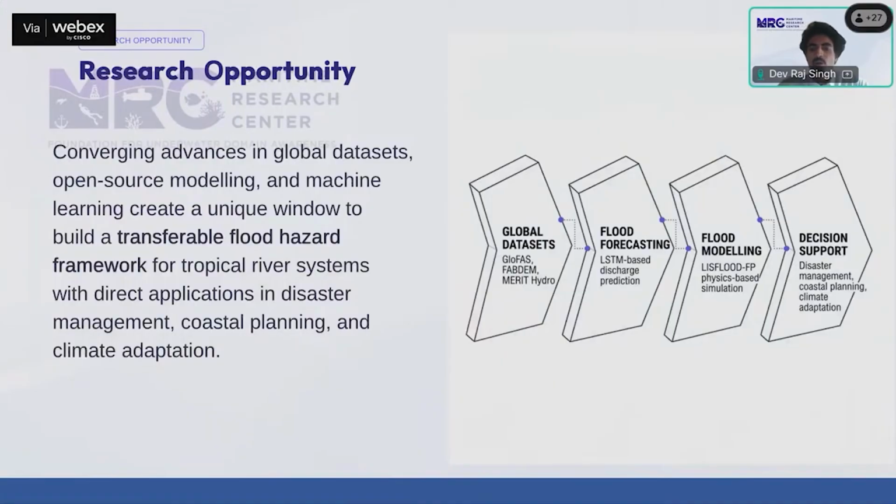So to model a flood, we need three parameters. The first one is the elevation of the land and its slope. Second is the water column that is present over it, and third is the water discharge. We have global data sets available that can provide us with that. After that, we have two options.